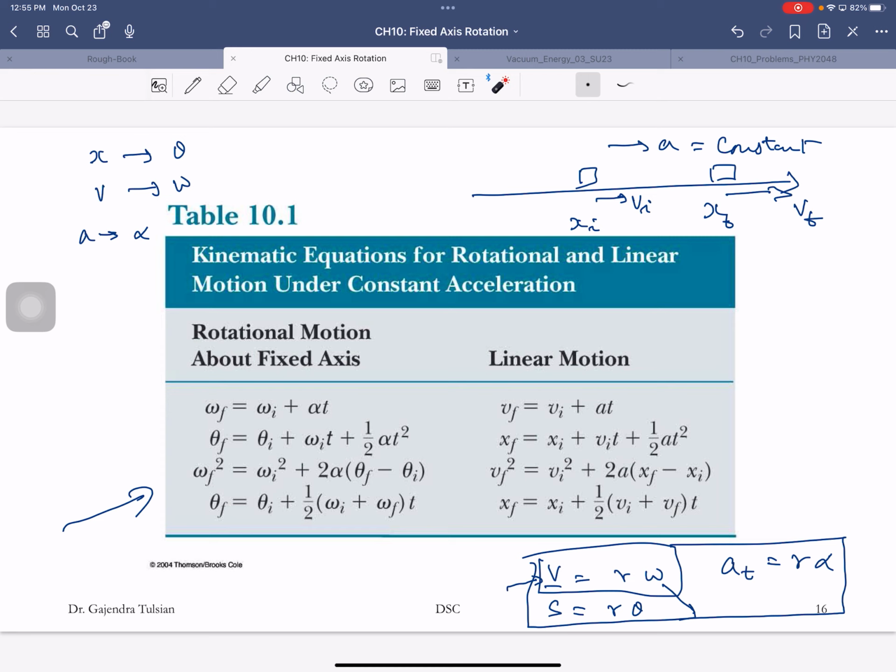So will this apply for a cup of coffee if you stir it? No, it doesn't apply. Why is that? Because all parts of the coffee are not rotating through the same angle. Coffee close to the surface of the cup is rotating through lesser angles.